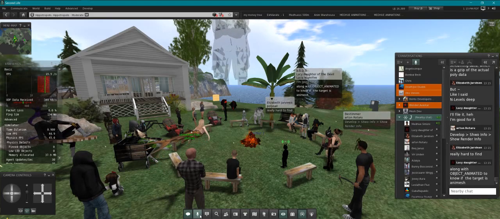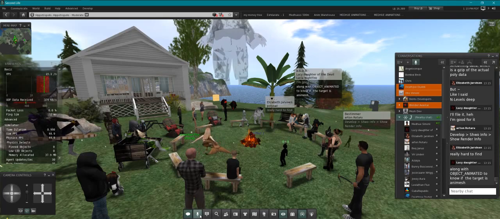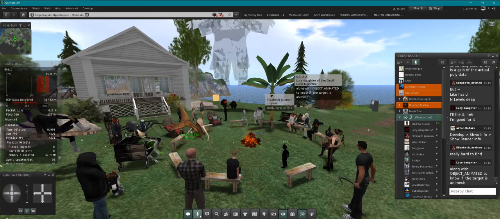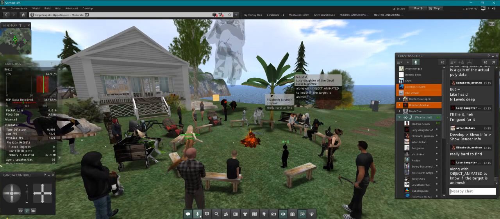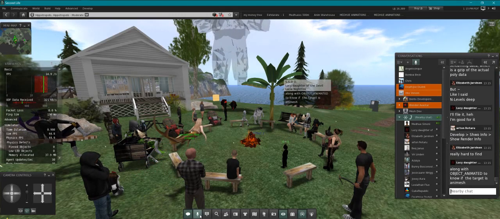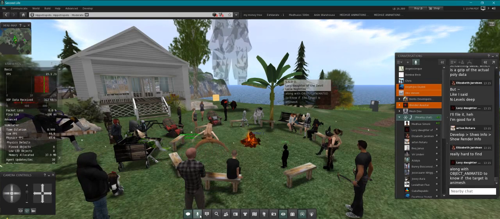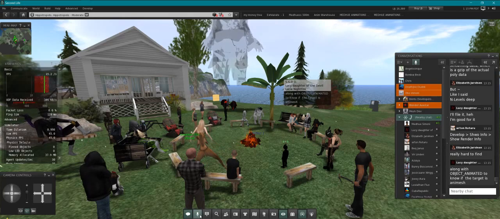We'll definitely be able to tell between a resident avatar and Animesh because of the hair, though. None of the hair will work on these Animesh with that low of a triangle count.